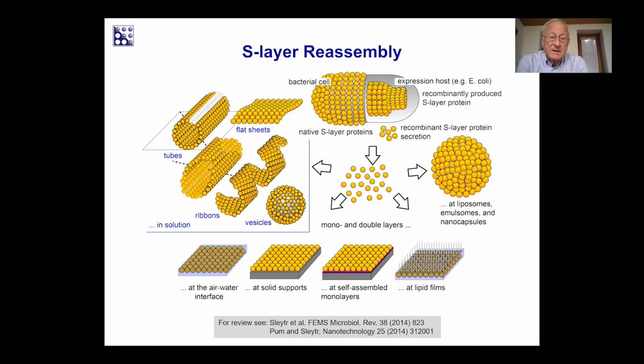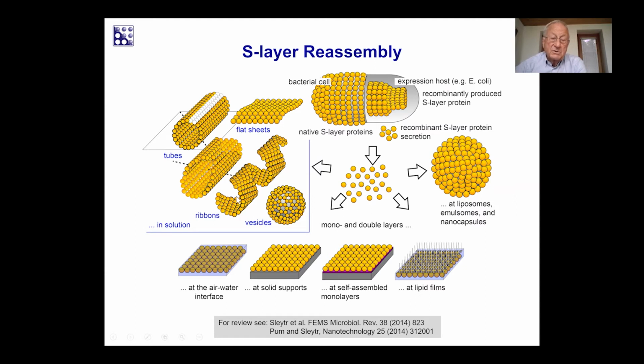We can isolate the S layer subunits from the cell surface, or we can use S layers which have been produced in E. coli, for instance, recombinant products, the inclusion bodies. So the isolation is done by hydrogen bond breaking agents, guanidine hydrochloride or urea. And then the isolated subunits can reassemble, recrystallize.